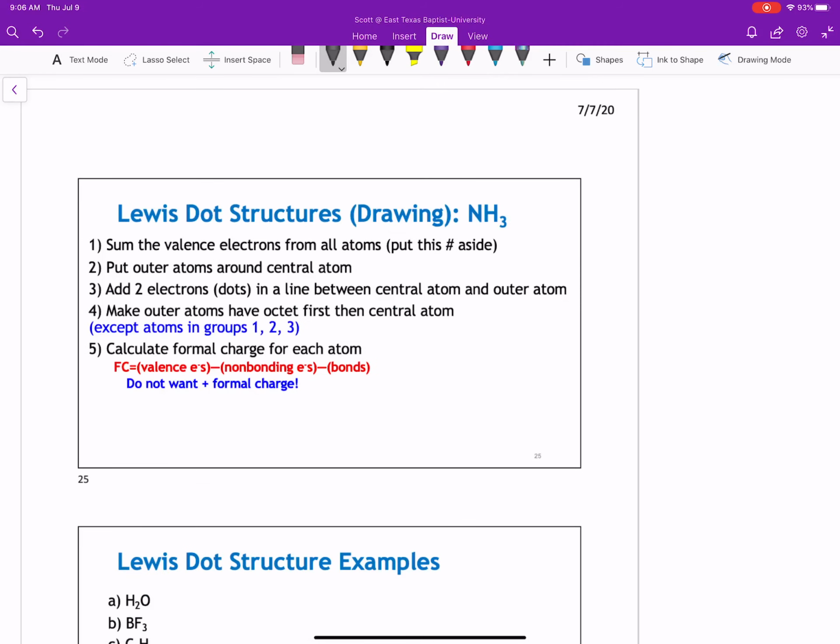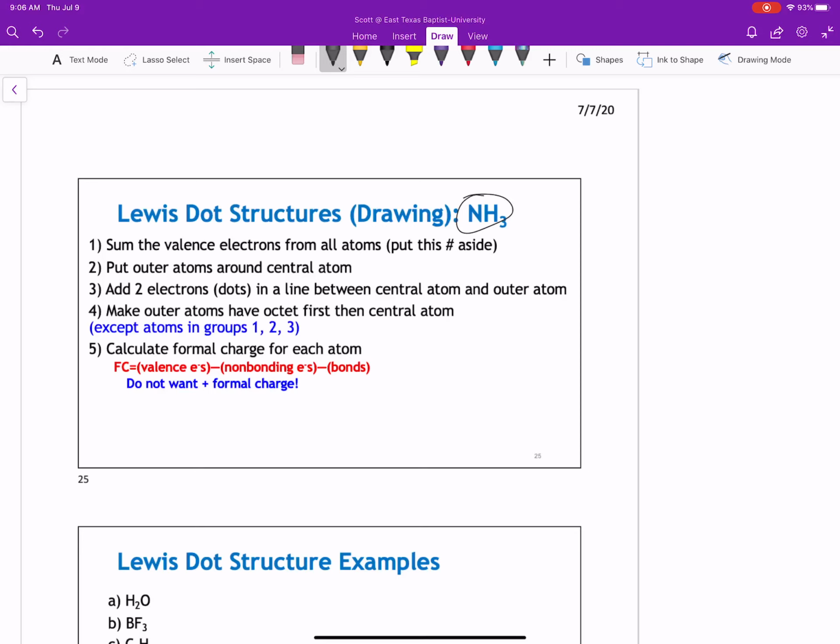Okay, Lewis dot structures, or Lewis structures, another super important concept in this class. The way you draw Lewis structures is, I might give you, or your instructor might give you, a molecule and ask you to construct a shape, or what's the proper shape of this molecule. So what you do is sum up the valence electrons from all atoms and put this number aside. So let's try NH3, ammonia.